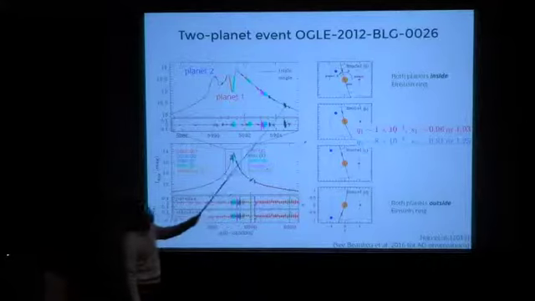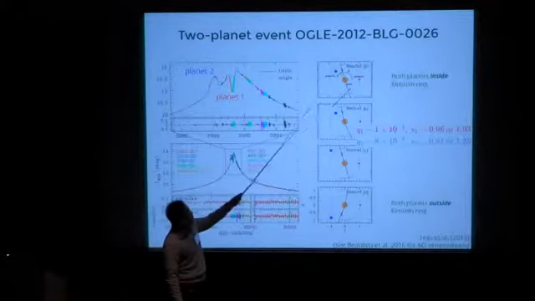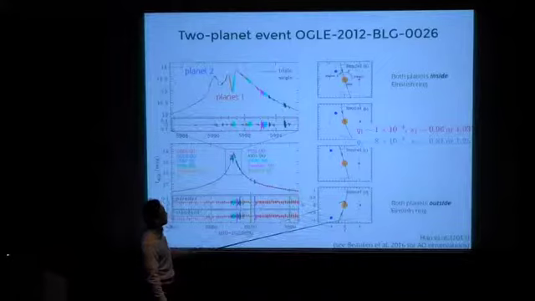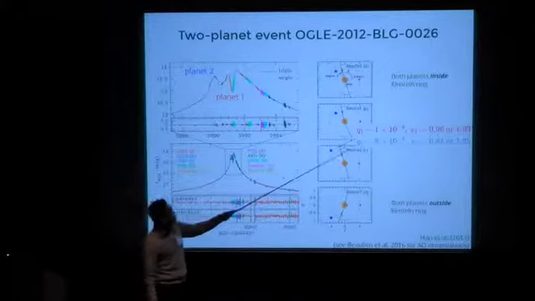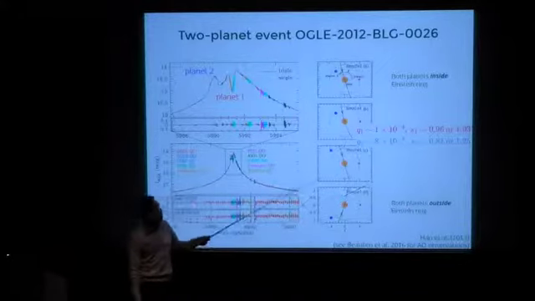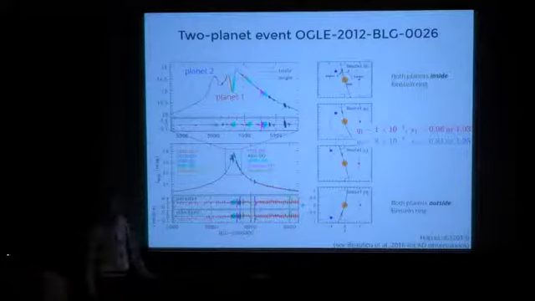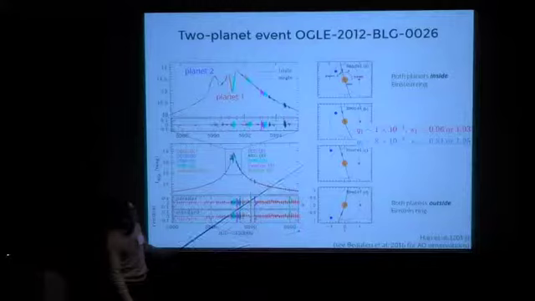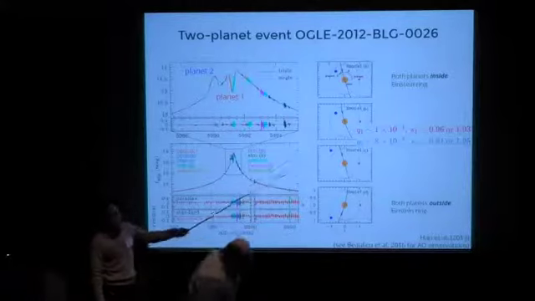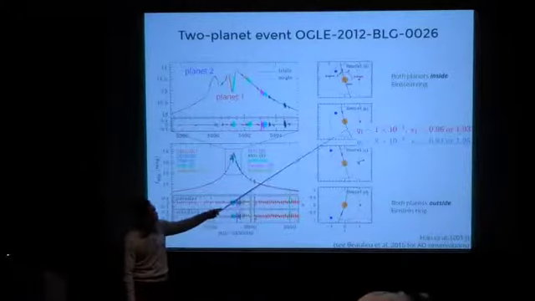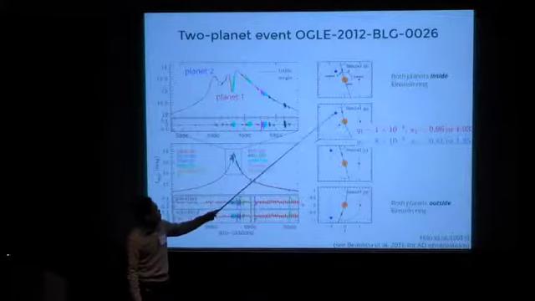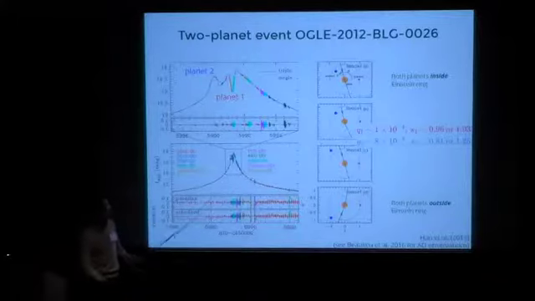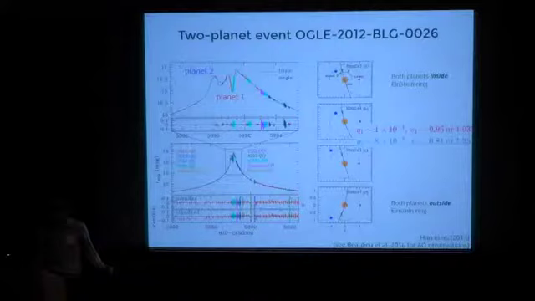So the 2 planets could be either both inside the Einstein ring or both outside the Einstein ring. The mass ratio of one is 10 to the minus 4, the other is close to 10 to the minus 3. And you can see for all these allowed solutions, both planets are very close to the Einstein ring. One is only 5% off from the Einstein ring, the other is 25% off from the Einstein ring.